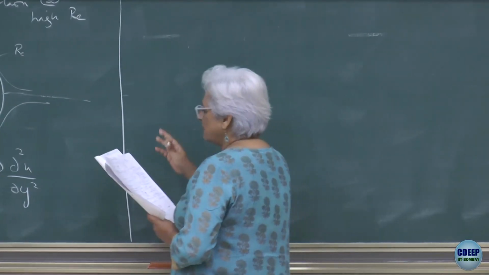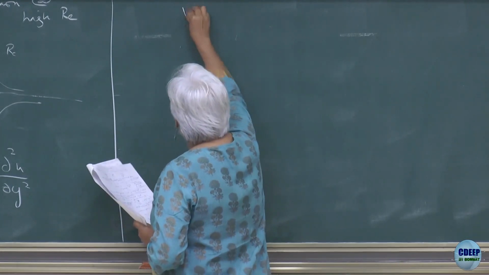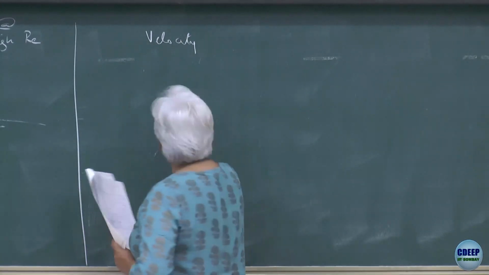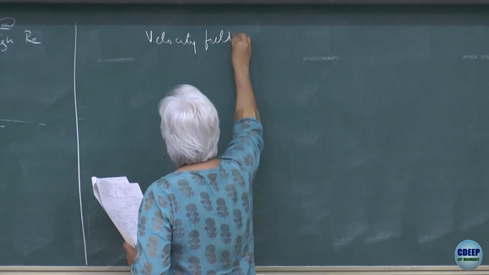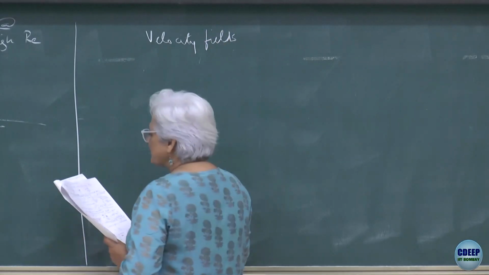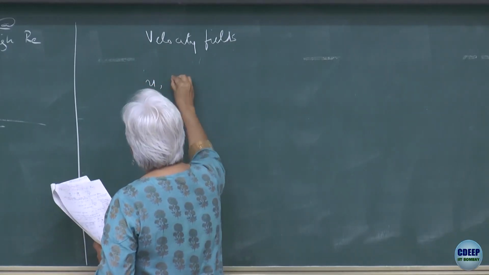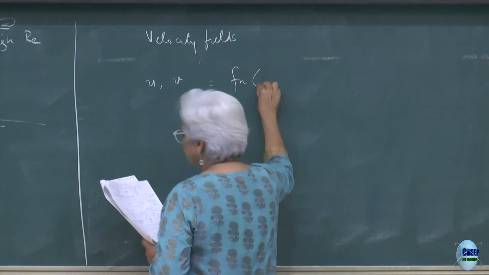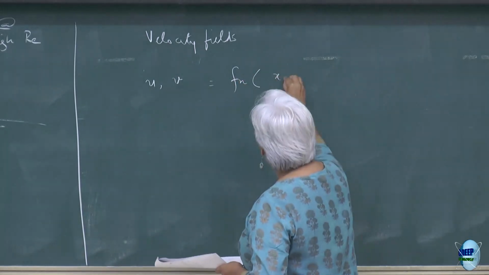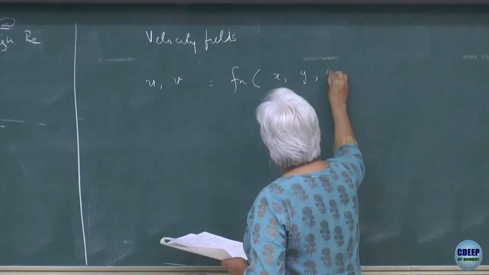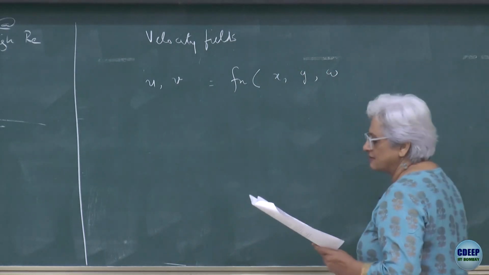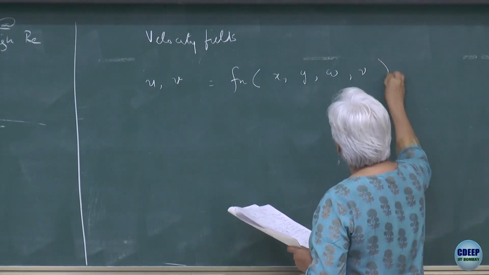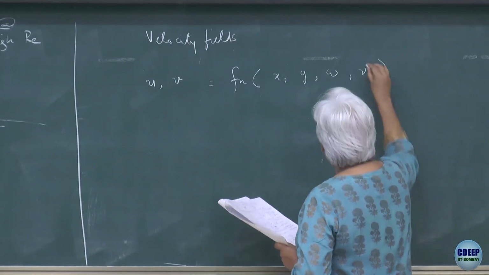Now, the velocity fields are taken directly from the references to Schlichting on boundary layer flow, and basically you're saying that u and v become some function, of course, of x, y, but also this body parameter omega and nu, which is kinematic viscosity.